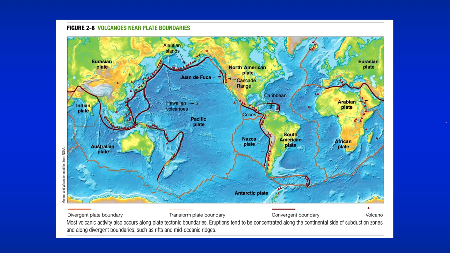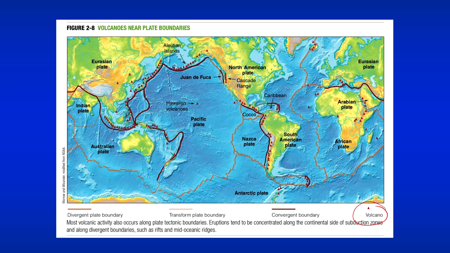This slide shows the pattern, alignment and locations of volcanoes. Wherever there is subduction going on, only along those plate boundaries will you come across volcanic eruptions and active volcanoes.